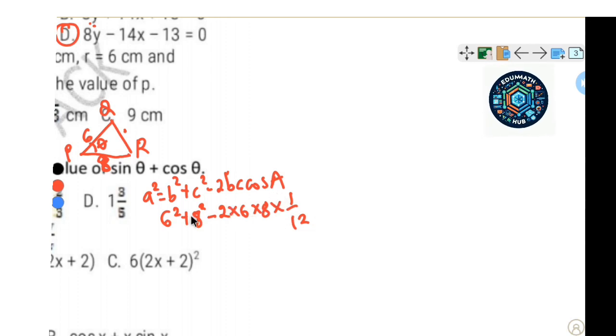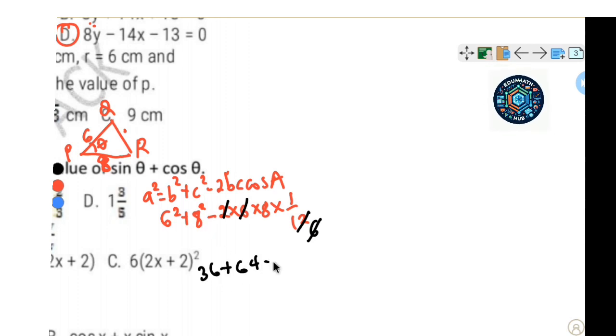Let's cancel this 2 here. This will give you 6, and this will cancel, so you're left with 8. So 6 squared is 36 plus 64 minus 8. These two will give you 100 minus 8, which is 92.